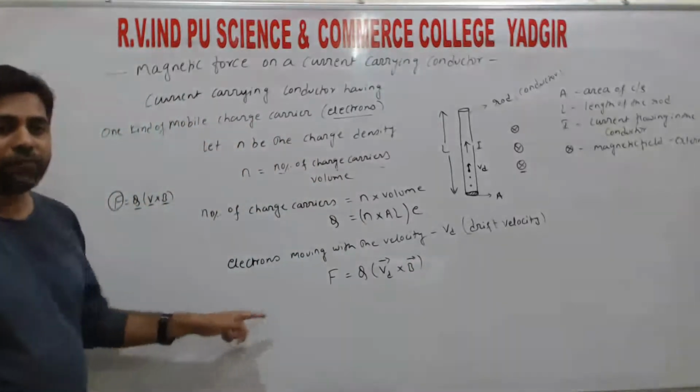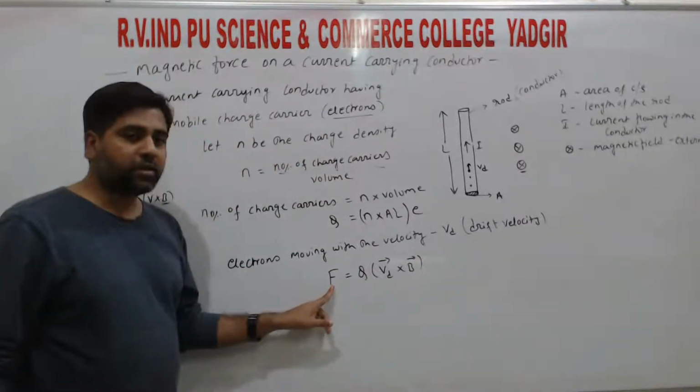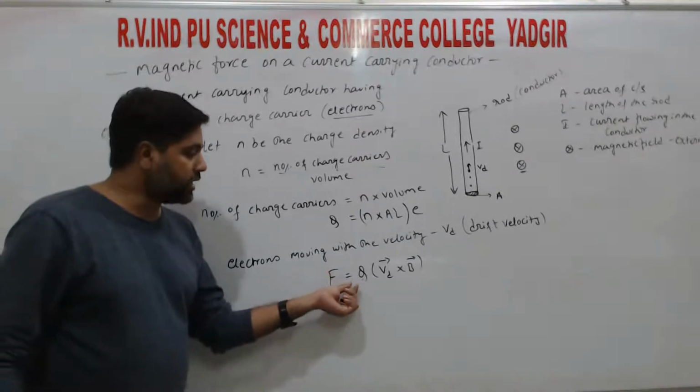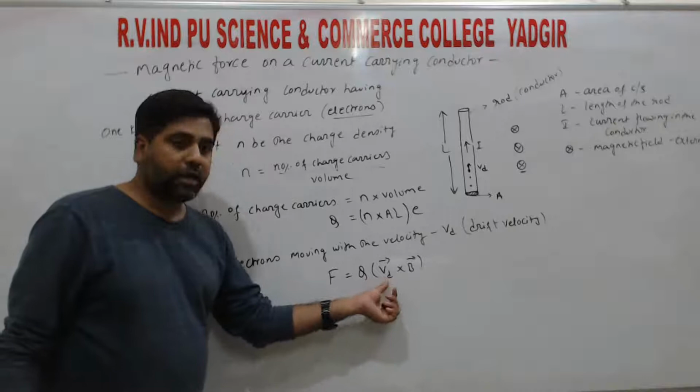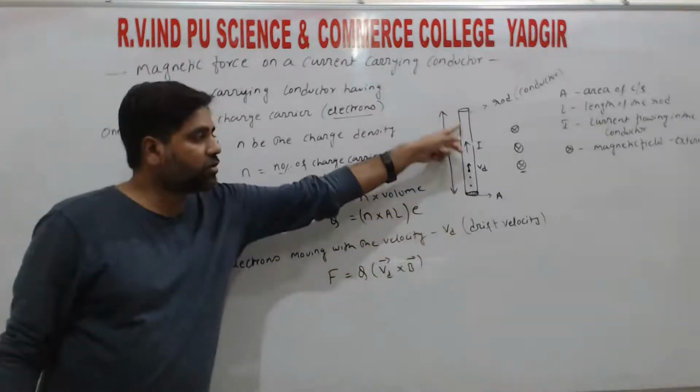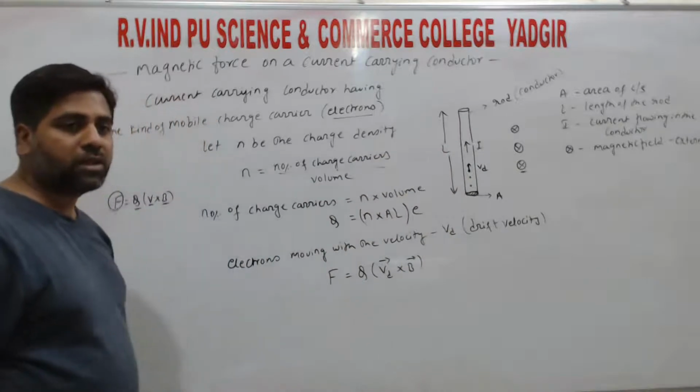This is from the definition of the magnetic force. The force experienced by the current carrying conductor is equal to Q into V. In place of V we have written Vd, where Vd is the drift velocity of the electrons moving inside the conductor.